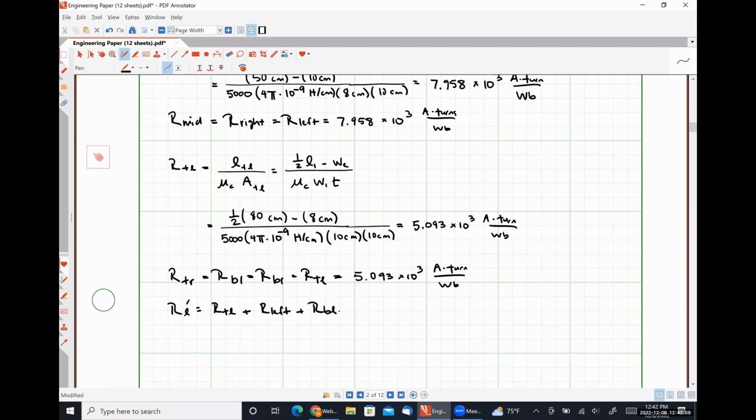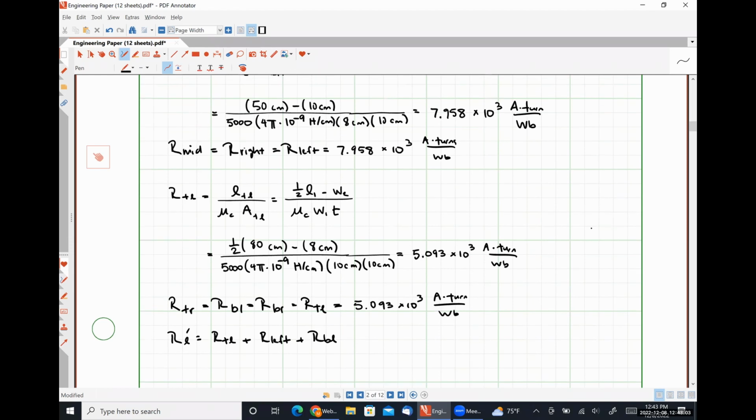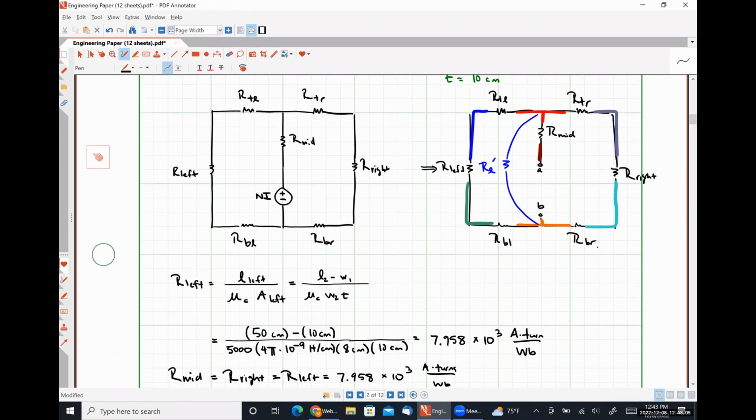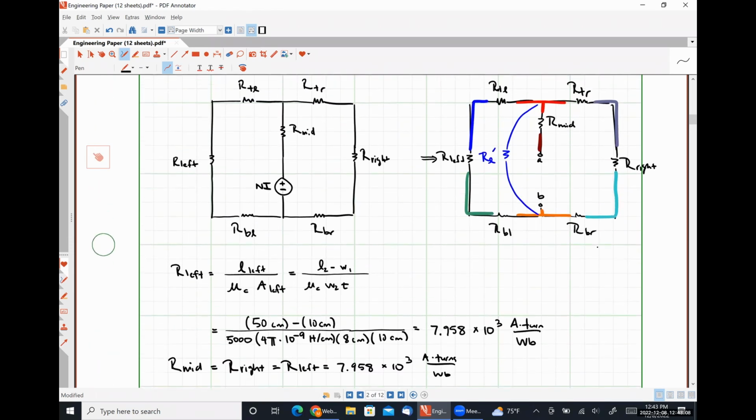And that will have some numerical value, which I didn't bother figuring out. We'll talk about that in a second, right? We could do something similar for the right-hand side. So we can call this one R prime, where that's going to be RTR in series with R right in series with RBR.